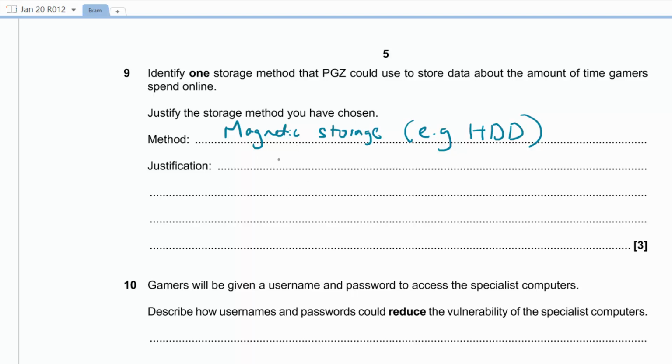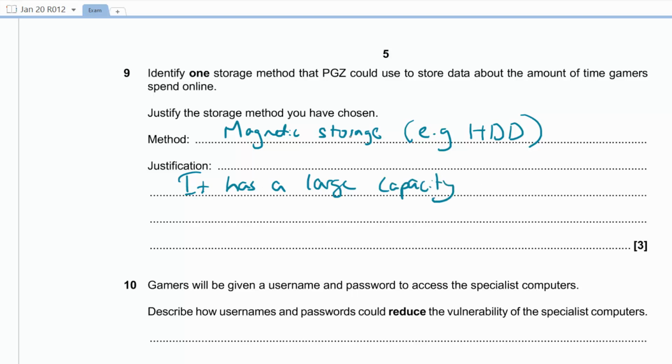And you have to know a bit about this particular storage device, but I would say a main advantage to a magnetic storage device is it has a very large capacity for a certain price. So justification could be it has a large capacity, and that is 1 mark for stating a point.